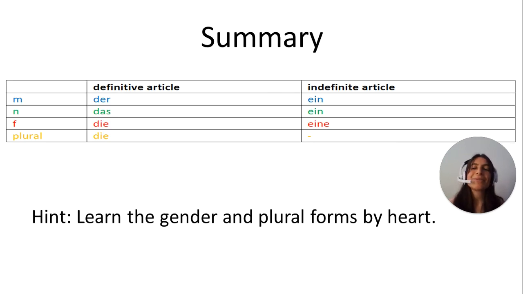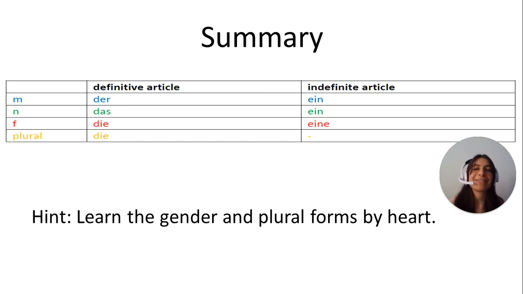And in summary, we saw the definitive and the indefinite articles in German for the different genders. And my hint is to learn the definitive article der, die, das, plus the noun, plus the plural form of the noun, because in German we don't have a general rule, just like in English we put s or es for plural.